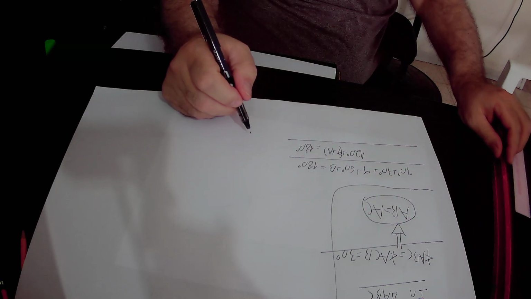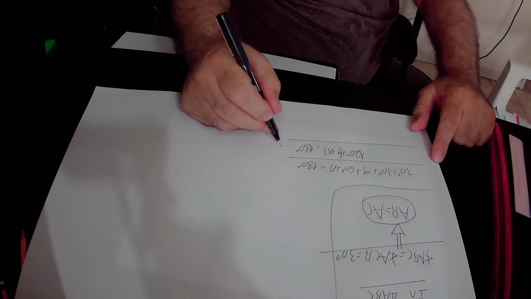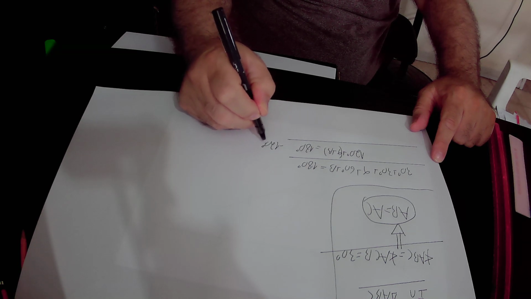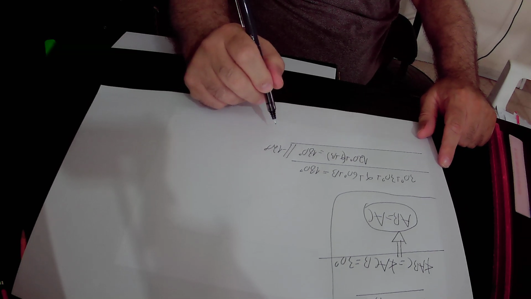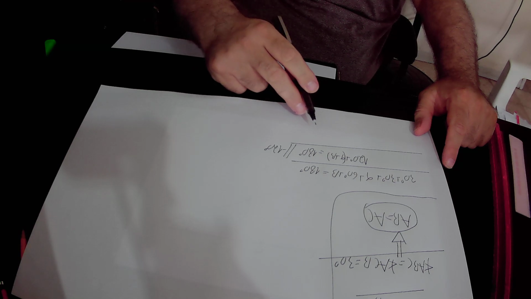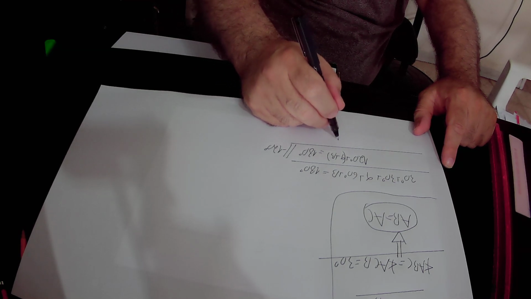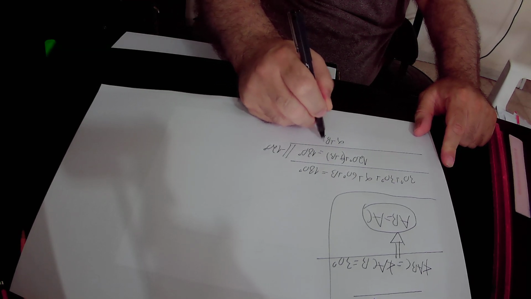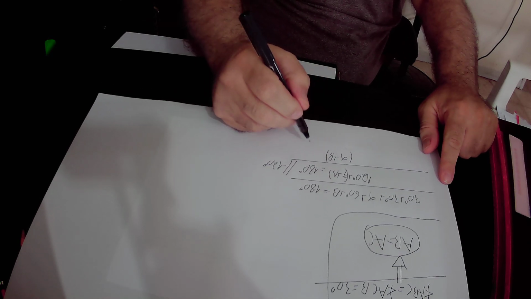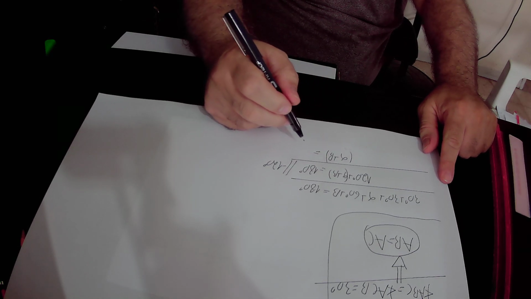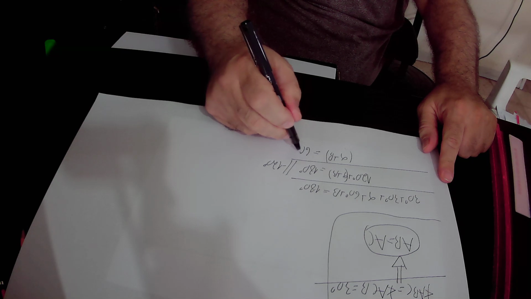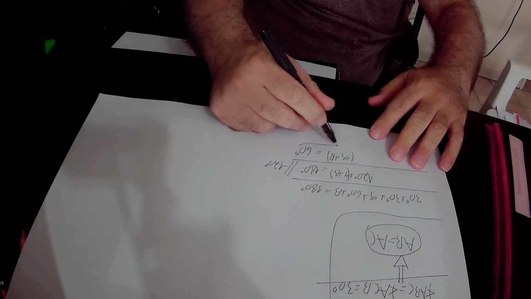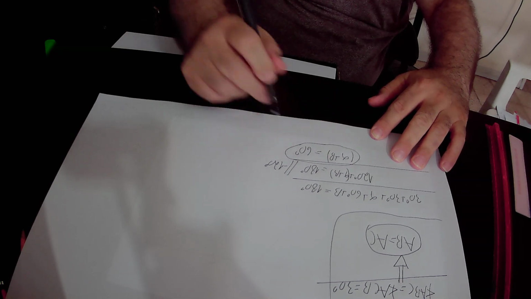So here we will subtract 120 degrees from this equation and we will get that alpha plus beta equals 180 degrees minus 120 degrees, which is 60 degrees. So we found out that alpha plus beta equals 60 degrees.